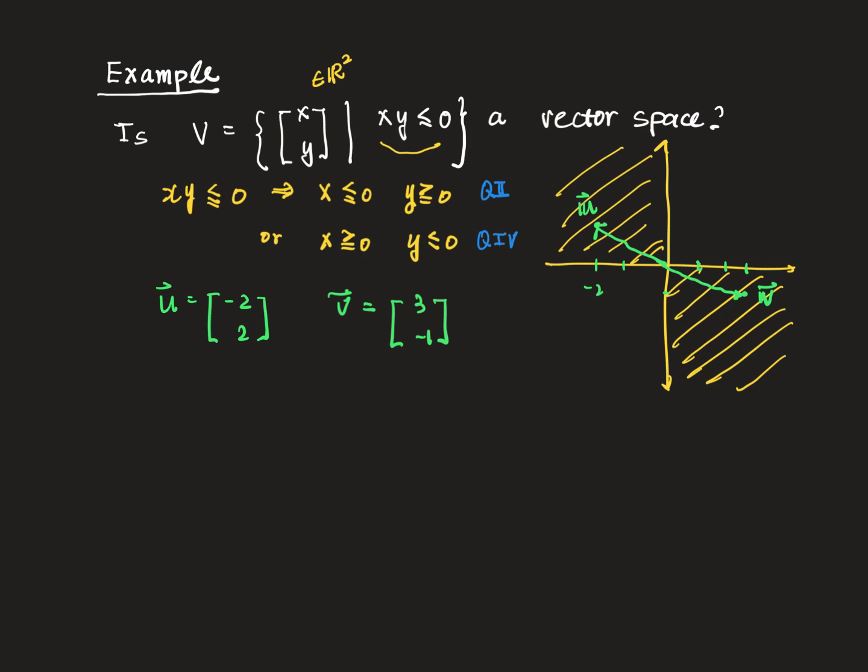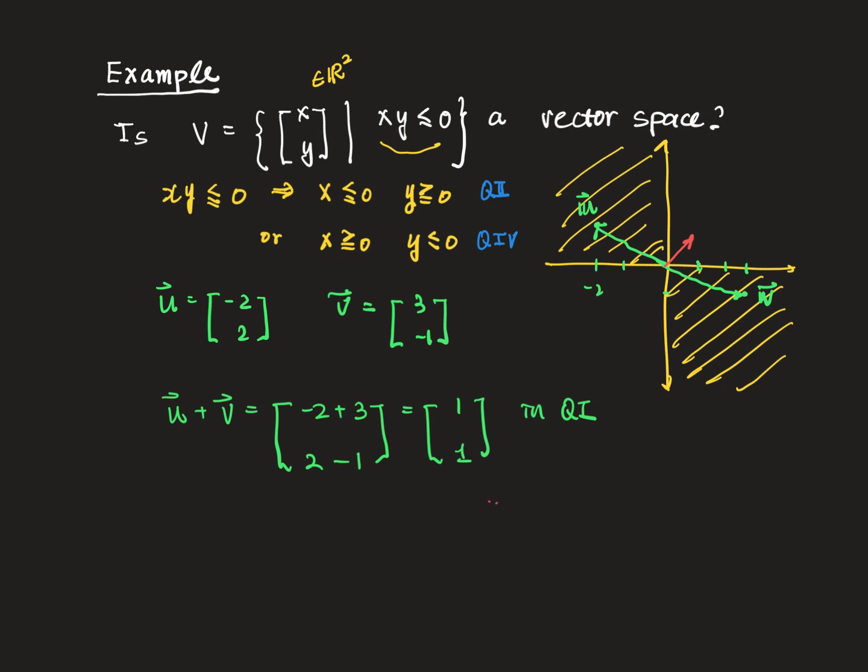Then let's find the addition of the two vectors, U vector plus V vector. What is it going to be? -2 plus 3, 2 minus 1. So this one is 1 and 1. Where is 1 and 1, guys? That's in quadrant 1, right? So 1 and 1 is going to be here.